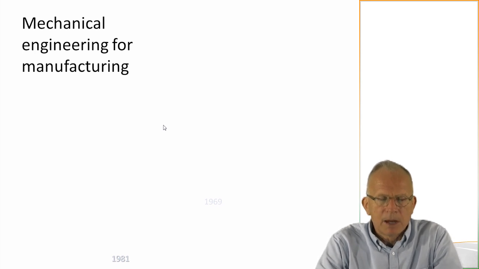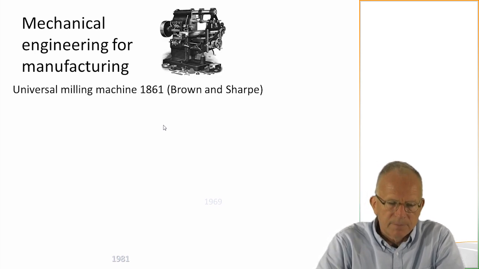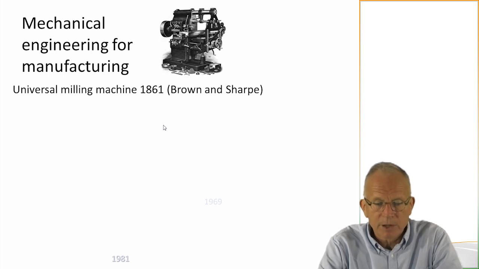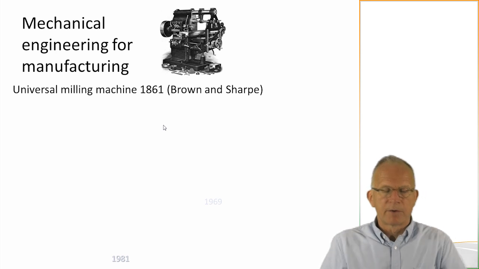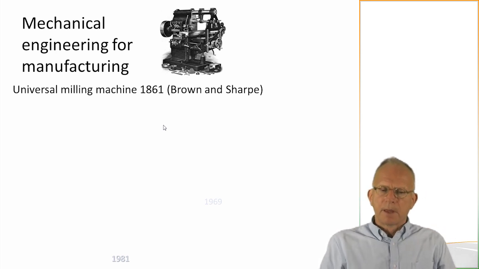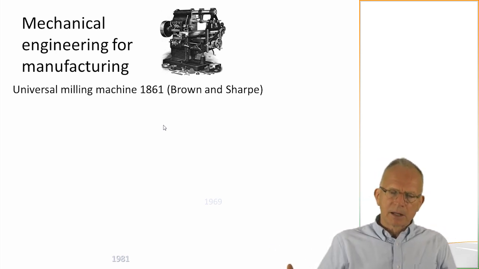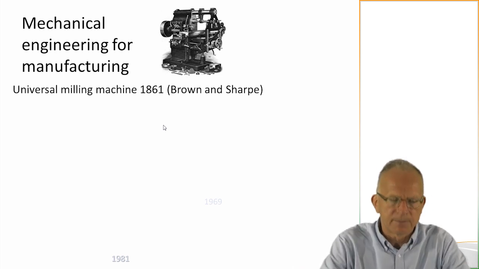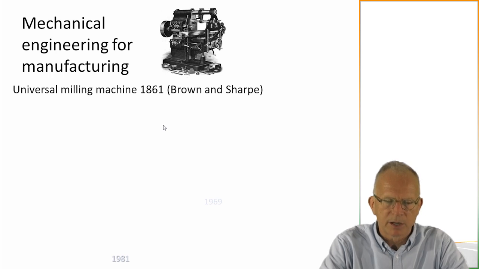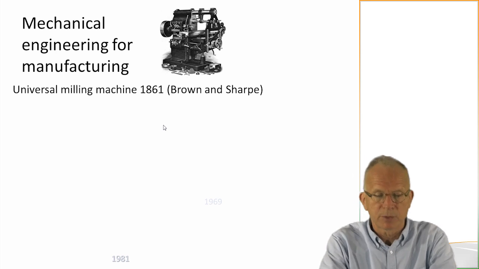Now, as we think about manufacturing, we can think about this in the context of mechanical engineering, so let me go off on a small tangent for a moment. If we look at the development of mechanical engineering and the development of manufacturing, mechanical engineering traditionally was manufacturing engineering.